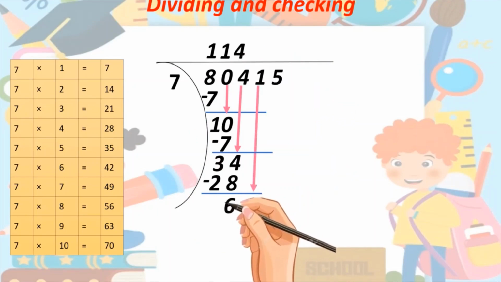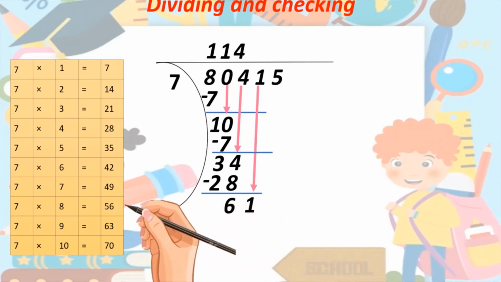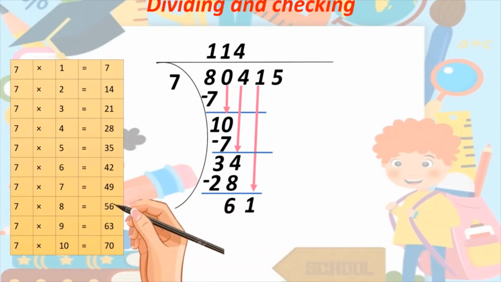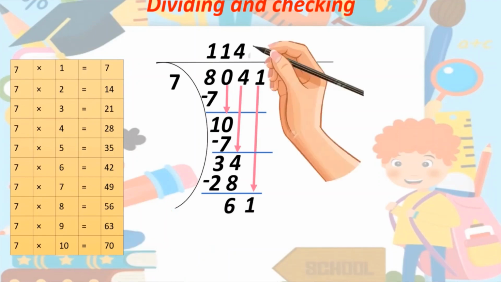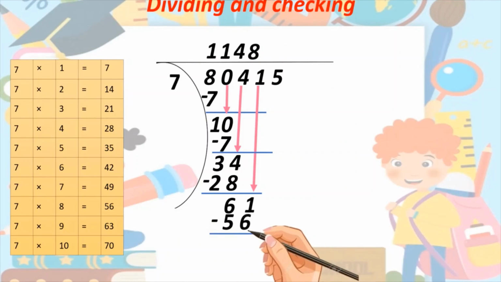Bring down the next digit again and write it as 61. So again look into the table of 7 and find the number which is closest to 61 but definitely less than 61, which is 56. So 7 eights are 56. When we subtract, we get the remainder as 5.